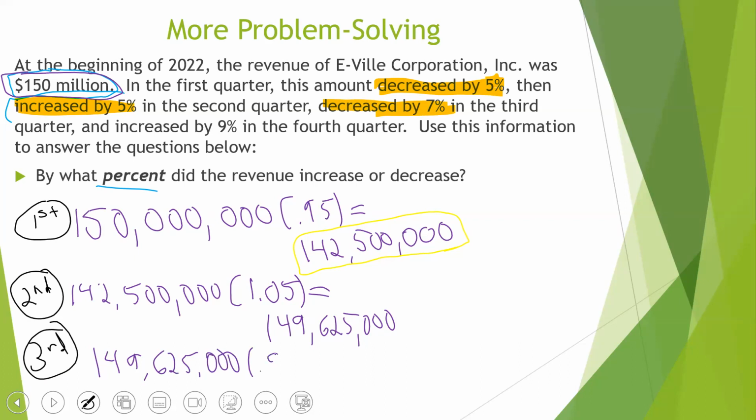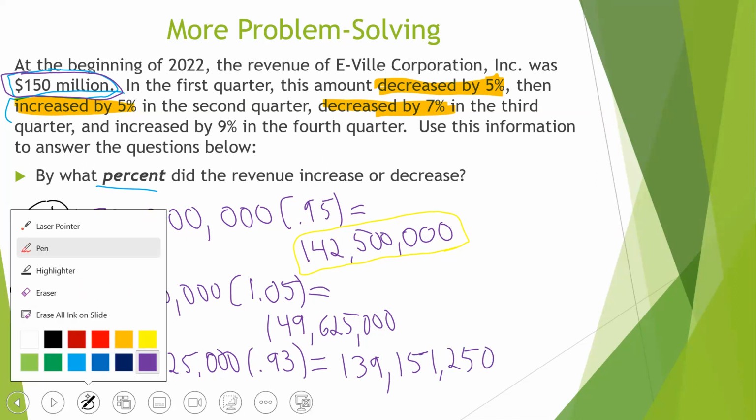As a decimal, that is 0.93. And so we'll take this amount here, multiply it by 0.93, and we end up with 139,151,250. Okay, and so that would be the revenue at the end of the third quarter.